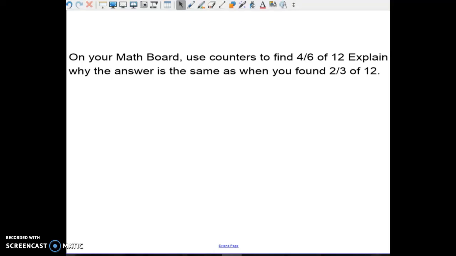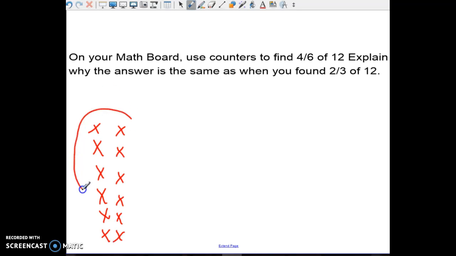Okay, so if I find 4/6 of 12, that means I would put my 12 X's into 6 groups, okay? And so by the time I did my 6 groups, I would only have 2 in each of my groups. And if I want 4 of those groups, how many is that?